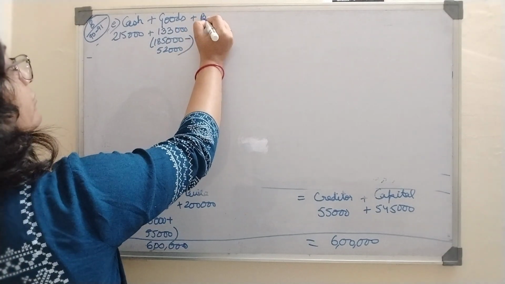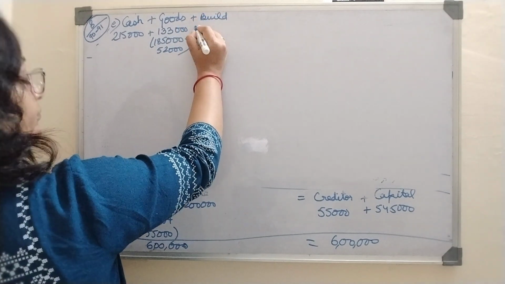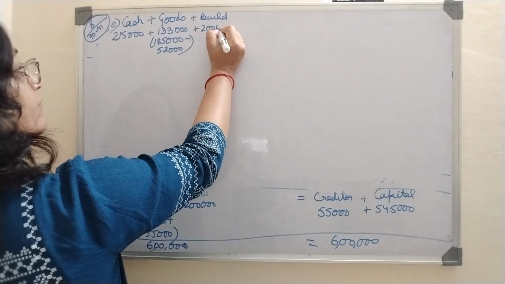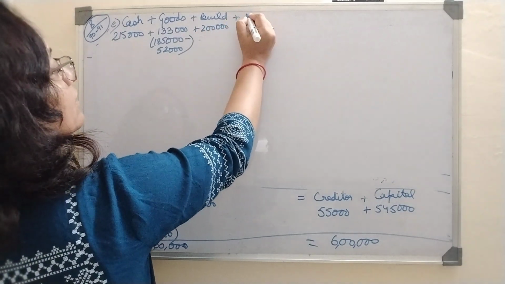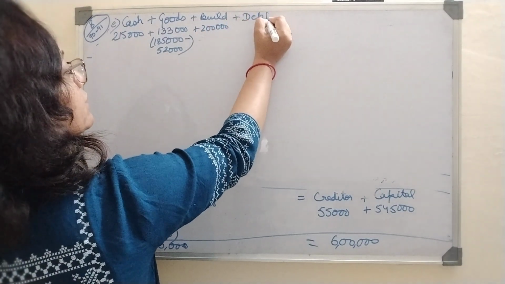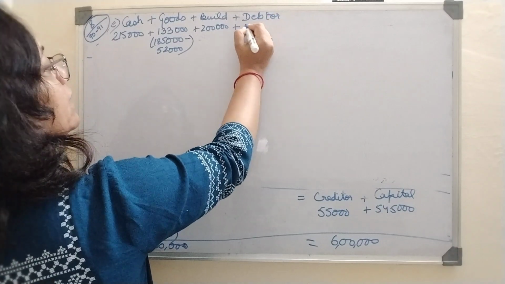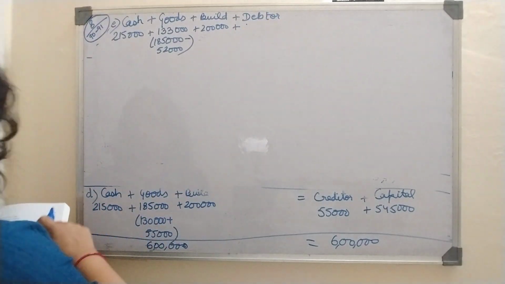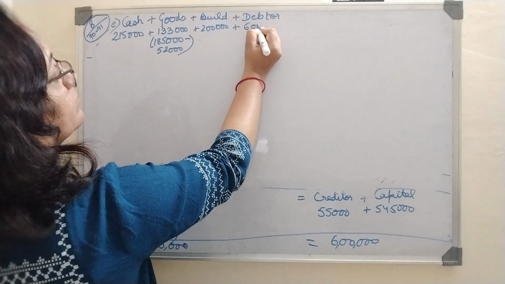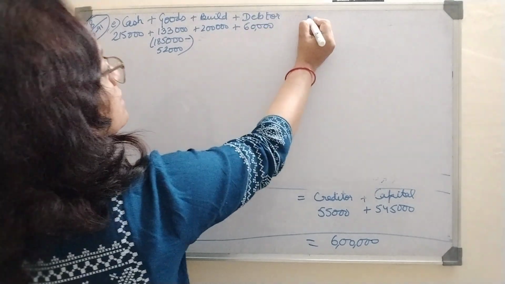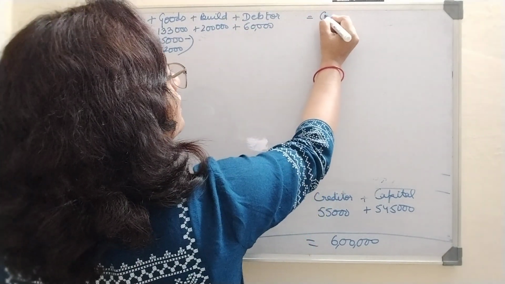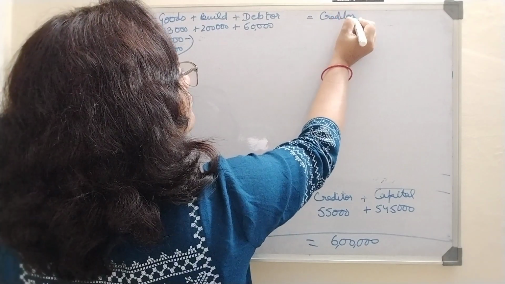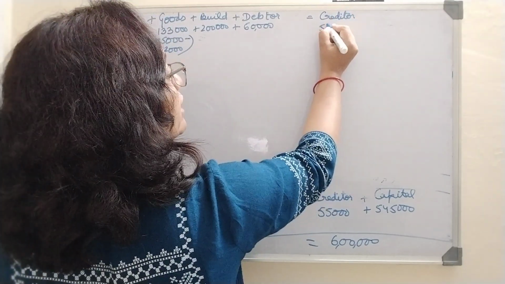Plus building will remain the same. Now what I have got for myself? Debtor. He will give me money later. For how much? 60,000. Right? And over here creditor will remain the same and I have again earned some profit, right?